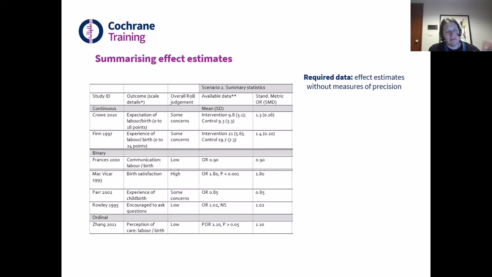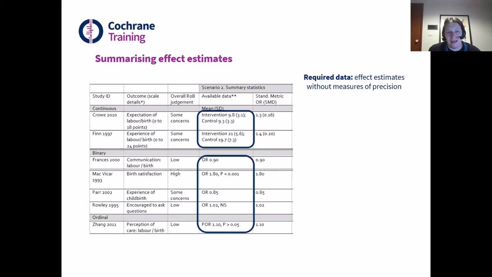In this case, all the outcomes have been standardized so that having an event means you are more satisfied, or if it's a continuous outcome, a higher value means greater satisfaction. Here we've got the risk of bias judgment. And here we've created different scenarios, again, modifying the data to just illustrate these methods.